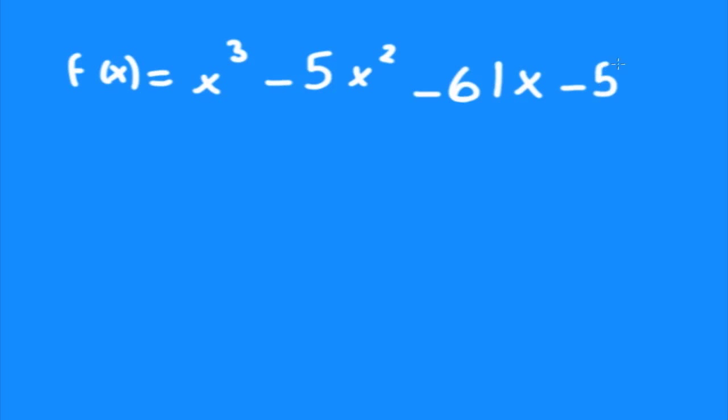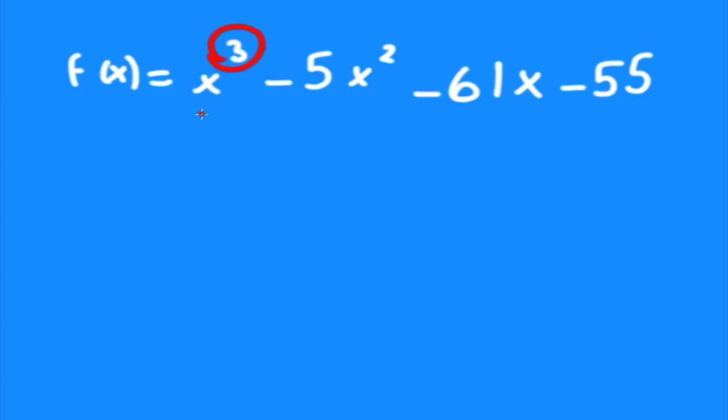We have f(x) equals x cubed minus 5x squared minus 61x minus 55. And we know that this function has 3 zeros because the degree is 3. We're going to look for those 3 zeros.